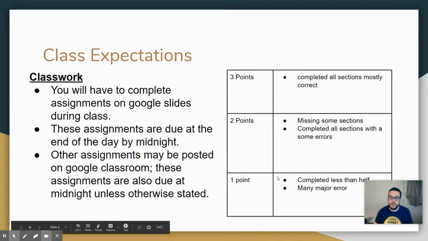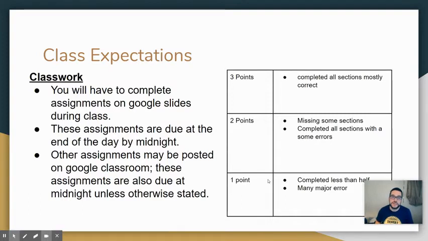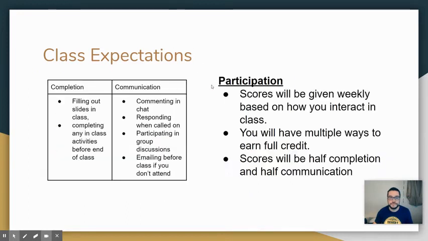And then lastly, they get 1 if less than half was complete, so they get a point if they tried. All of these assignments are due every day at midnight unless I say otherwise. If there are any other assignments that are due later, it's going to be noted before this is assigned.